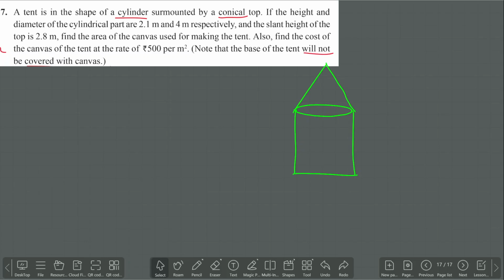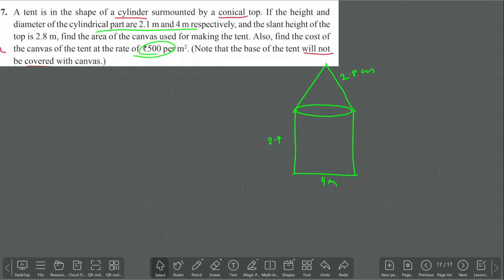If the height and diameter of the cylindrical part are 2.4 and 4 respectively, and the slant height of the conical portion is 2.8, find the area of canvas used for making the tent. Also find the cost of the canvas of the tent at rate 500. Bottom is not included.